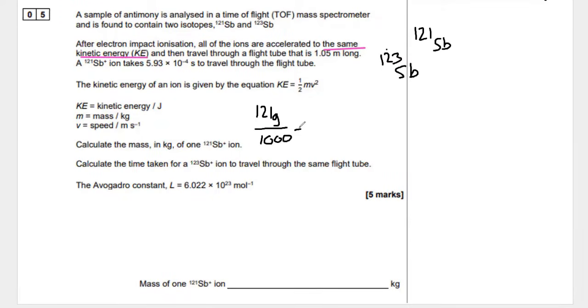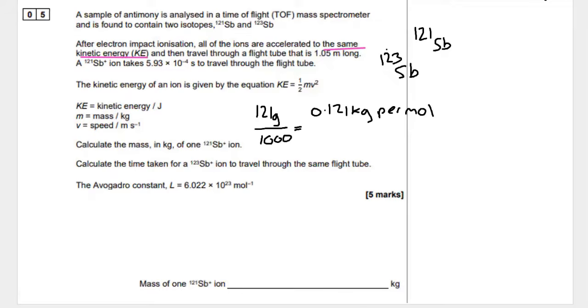If we do that, we get 0.121 kg. Now that is per mole. We don't want it per mole, because the mass number obviously is per mole. We want it in the form of 1 ion, as it says here.